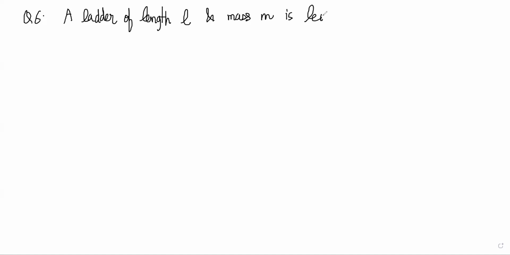This is question number 6 and the question says: a ladder of length L and mass M is leaning against a frictionless wall.